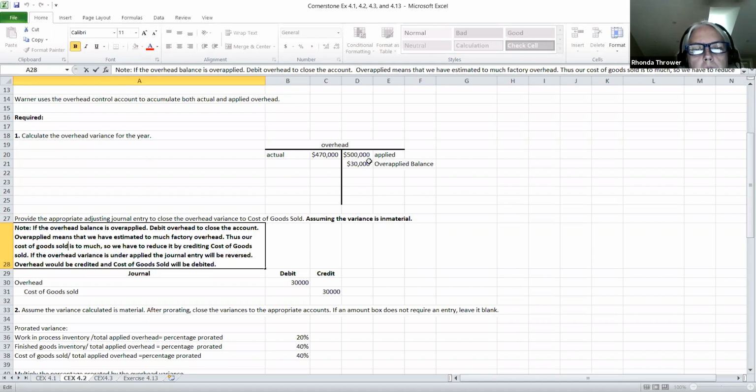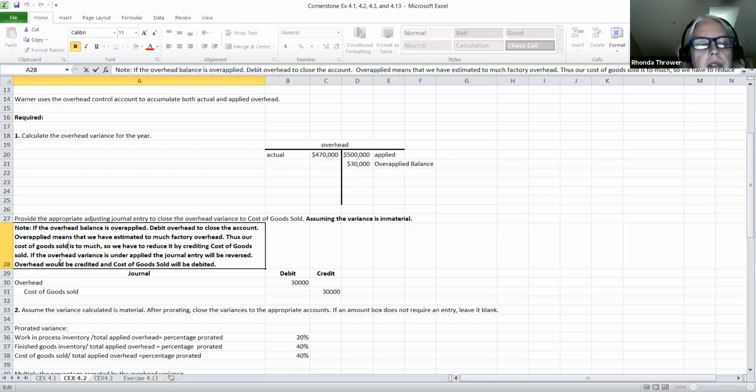Remember, our applied amount is our estimated amount. We estimated 500,000, but the actual amount was 470,000. So we need to adjust our cost of goods sold account and close out the overhead account for this balance. Thus, the cost of goods sold account is too much. So we have to reduce it by crediting the cost of goods sold.